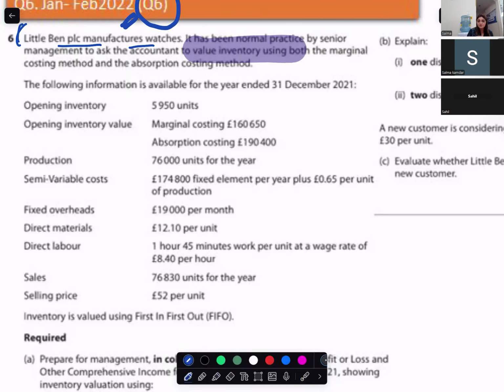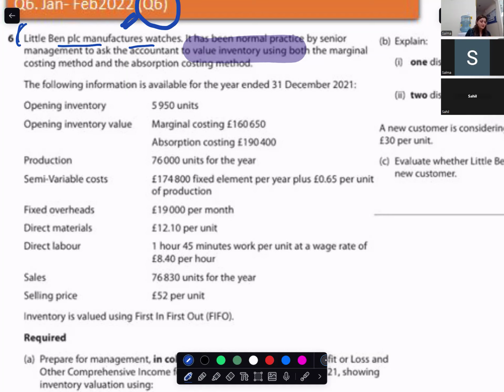Can you tell me the difference between the valuation of inventory as per marginal costing and valuation of inventory as per absorption costing? In marginal costing, inventory will be valued at variable cost only. In absorption costing, inventory will be valued at total cost, that means variable cost plus the fixed cost.